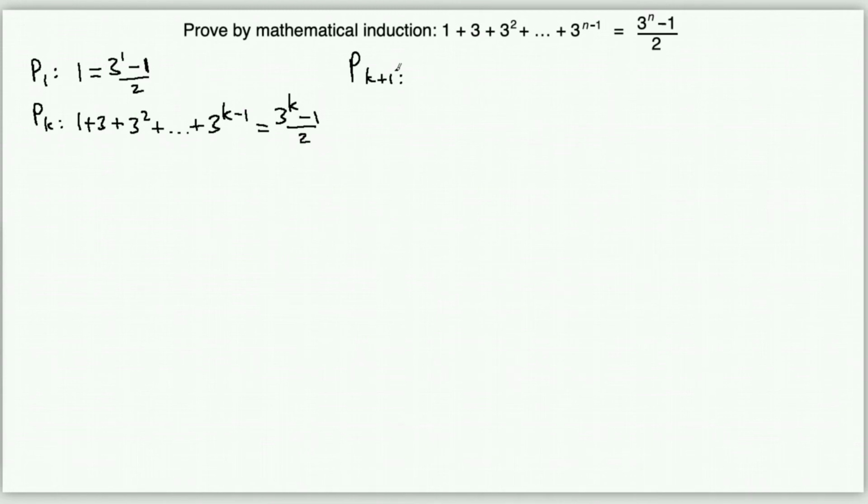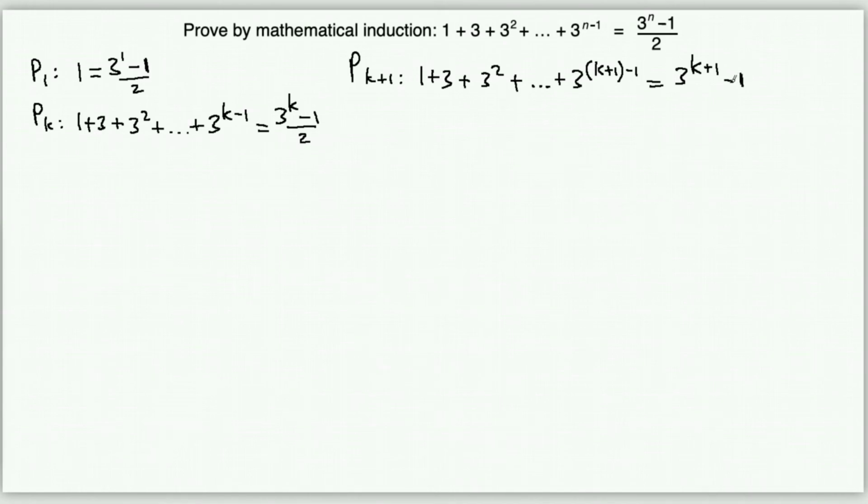And the Pk plus 1 statement will be 1 plus 3 plus 3 squared. So instead of k here, we're going to write k plus 1, right? Because that's the subscript. It's the Pk plus 1 statement. So k plus 1 minus 1 is equal to 3 to the k plus 1 minus 1 over 2.